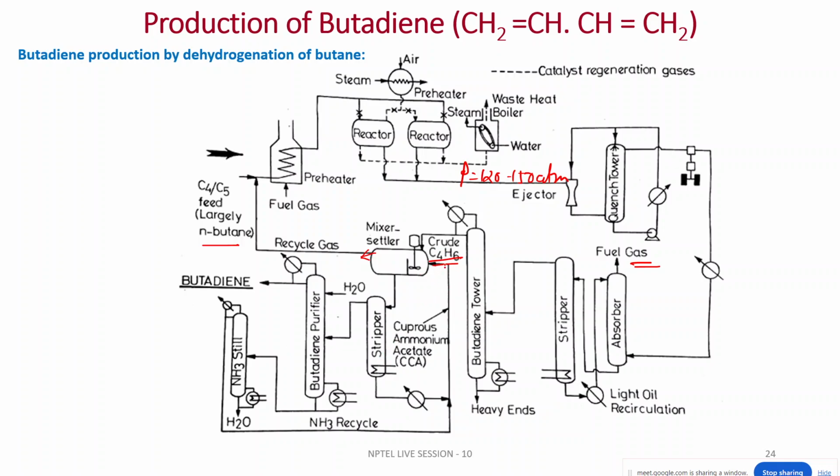The stripper has the crude from the absorption using cuprous ammonium acetate. You add it, and there will be extractive distillation. After that, the purified butadiene is obtained as the top product from this column, which is our required product, and then NH3 is stripped, and that NH3 can be recycled to this unit.